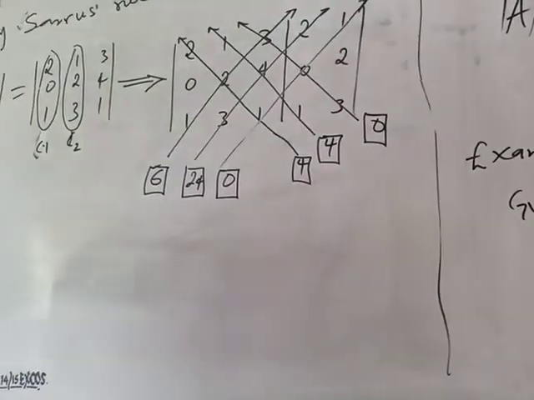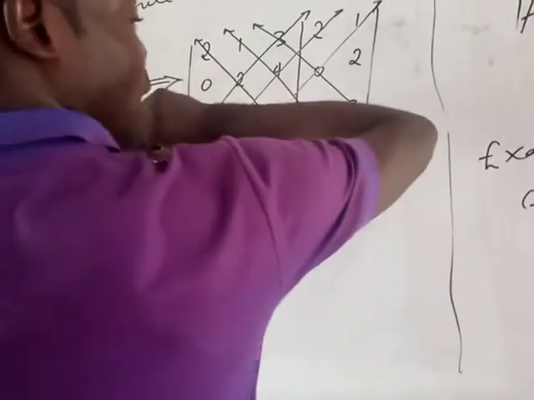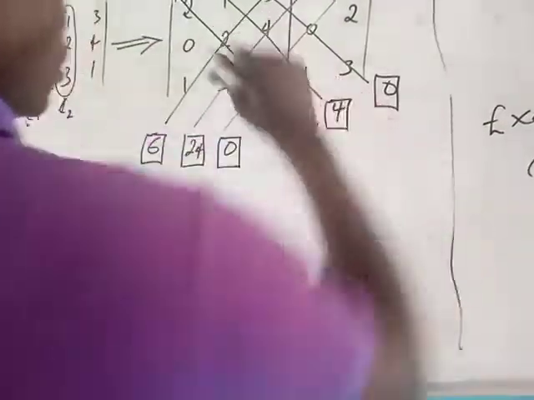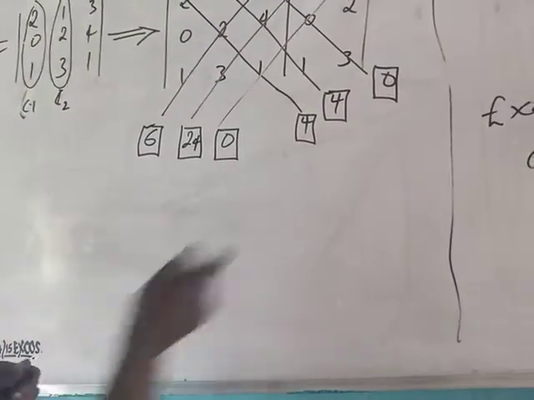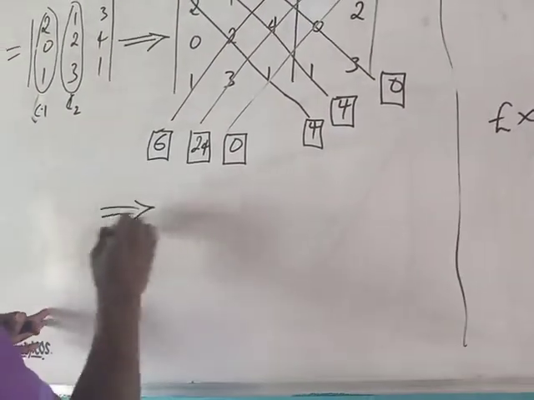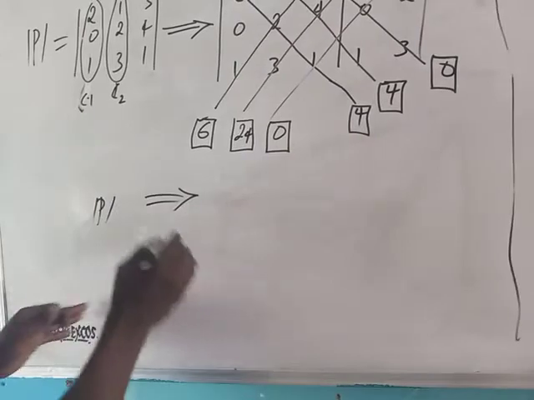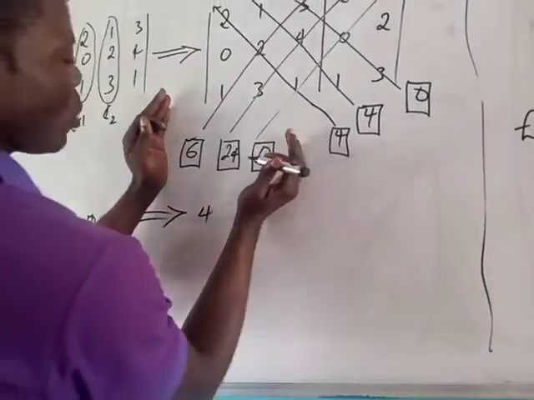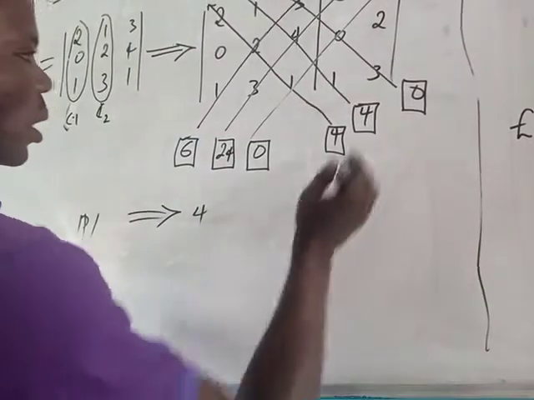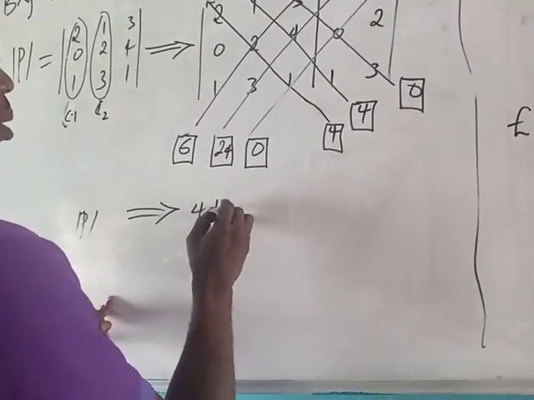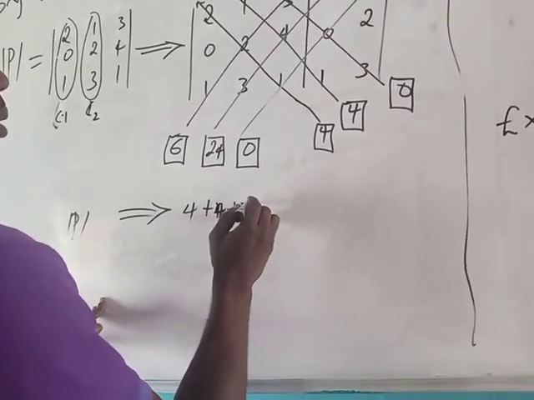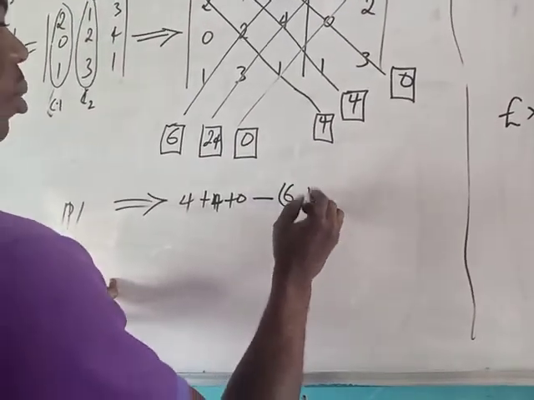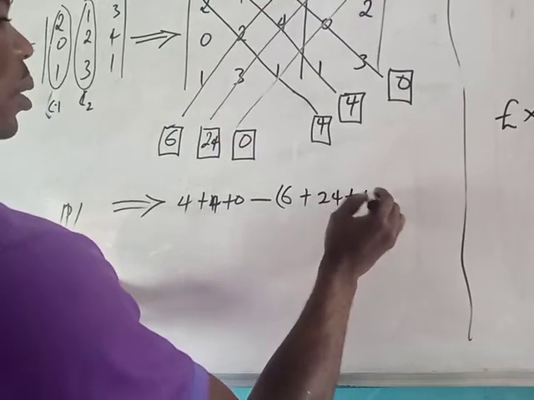Okay? So now we are subtracting this side from this side. That is this minus this. So if we are going to do that, we are going to have a determinant of P equal to, we sum this up, and we subtract the 2 answers. 4 plus 4 plus 0 minus 6 plus 24 plus 0.